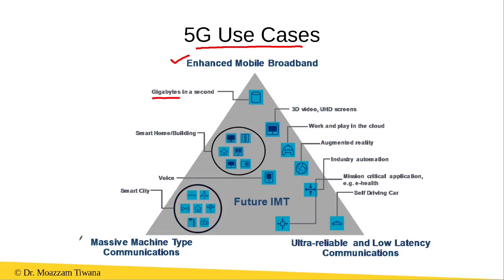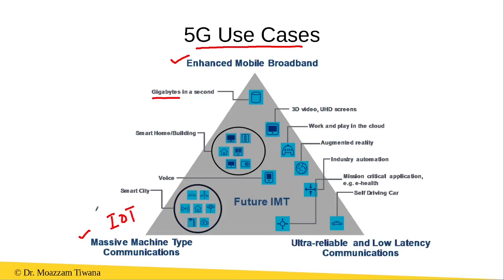And then you have the massive machine type communication, which is especially useful in the Internet of Things scenario, in which you have a large number of sensors that are connected to the internet through the 5G network. And these sensors have low data rate, and the primary requirement in this scenario is high connection density.